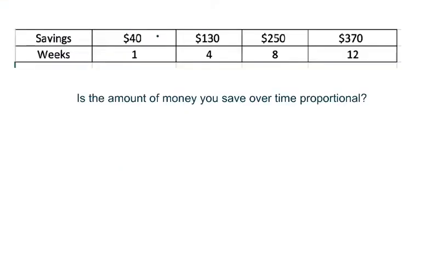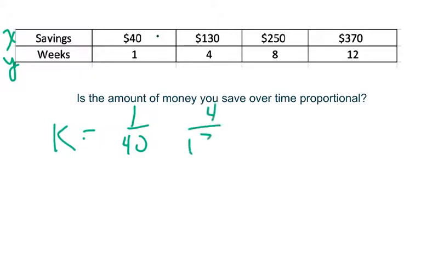Next, is this person's savings proportional over time? Once again, we'll call this X, we'll call this Y. Basically you're going to do Y over X and see if it's proportional. So K equals 1 over 40. The next one gives you 4 over 130.